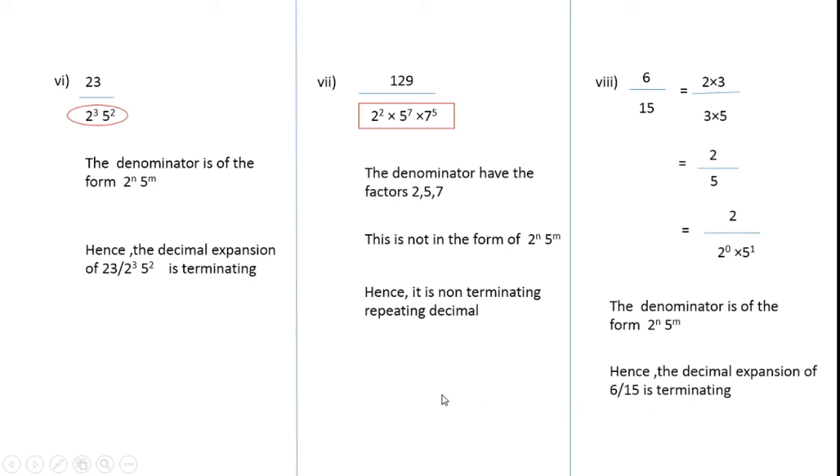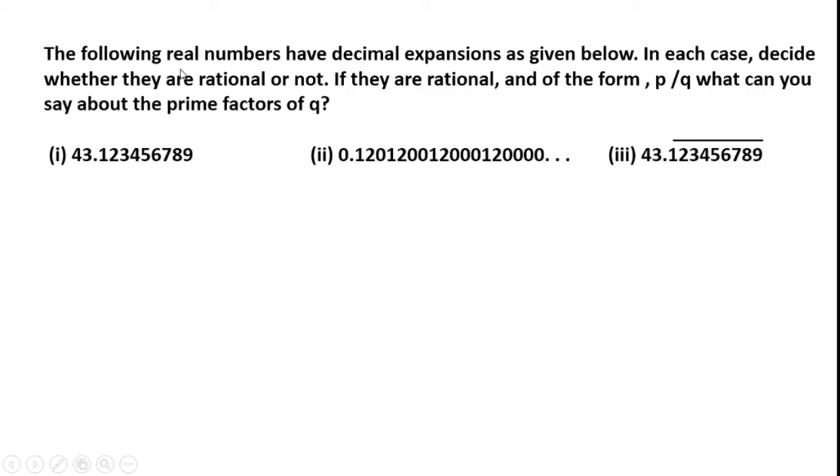Now, we'll move to the next question. The following real numbers have decimal expansions as given below. In each case, decide whether they are rational or not. If they are rational and of the form p by q, what can you say about the prime factors of q? The question gives some decimal expansions.